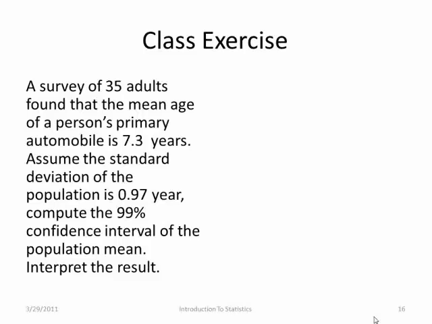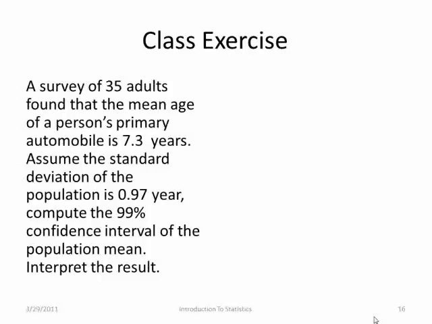All right, so let's do these 5 steps and construct our confidence interval. A survey of 35 adults found that the mean age of a person's primary automobile is 7.3 years. Assume the standard deviation of the population is 0.97 year.